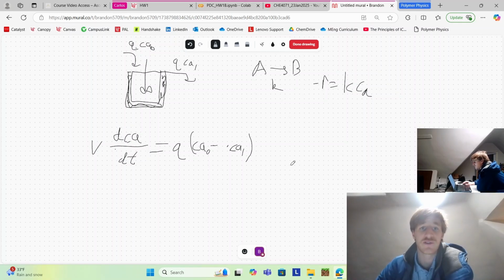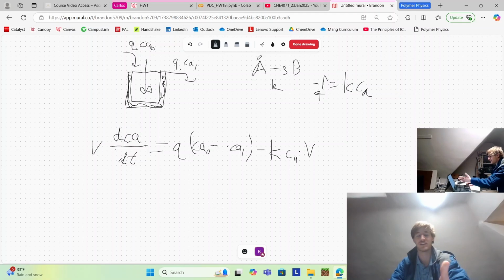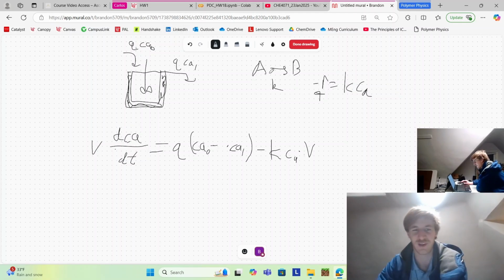All right, and we also have a reaction happening. So that'll be minus K CA times our volume. Because R is, oh wow, that was a bad arrow. R is on, that arrow wasn't much better. But R is on a per volume basis, is what I'm trying to get at.